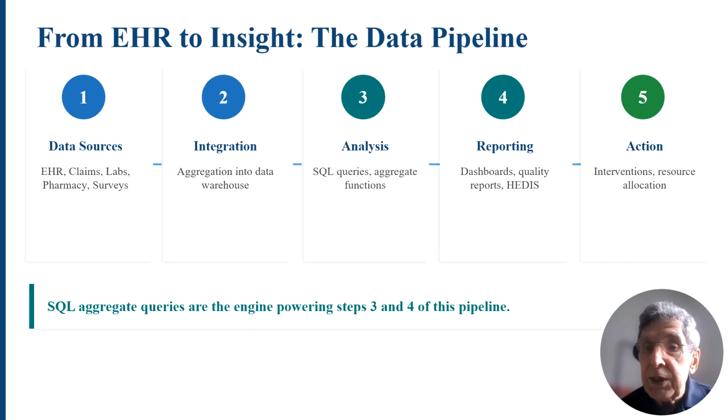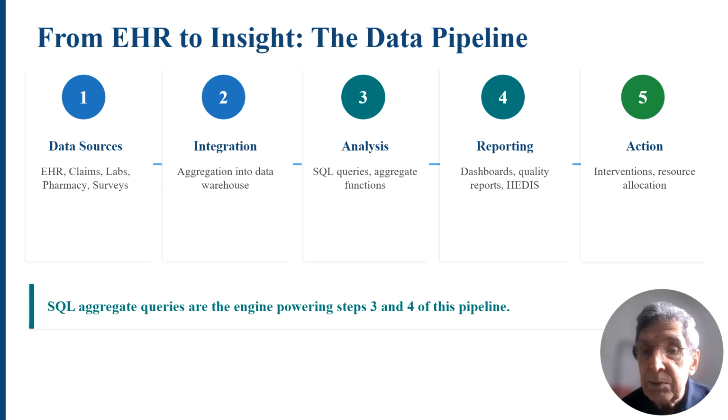This slide shows the end-to-end pipeline from raw clinical data to actionable insights. Understanding where SQL fits in this pipeline helps you to see the big picture. Step 1 is data sources. In a real healthcare organization, data comes in from many systems, like the electronic health record, EHR, for like clinical encounters.